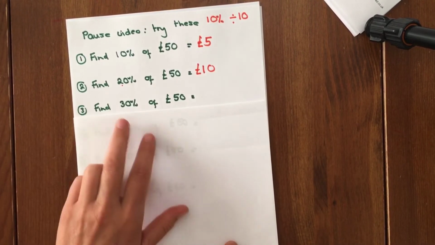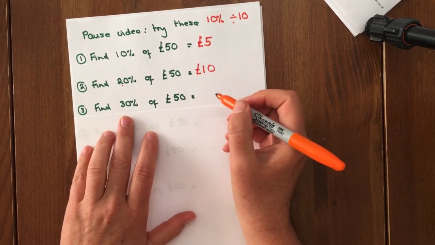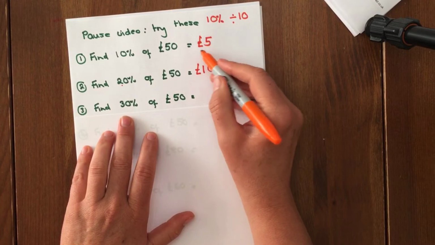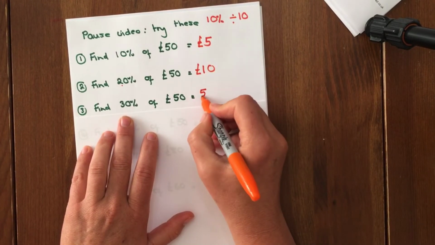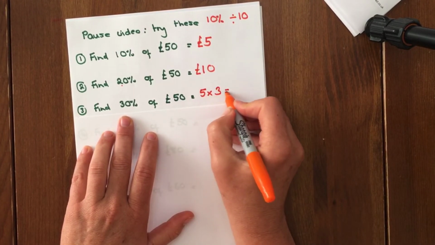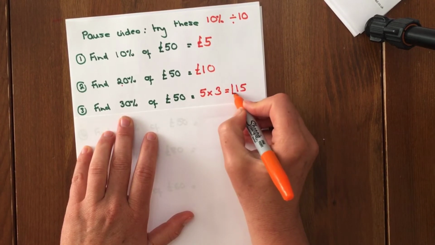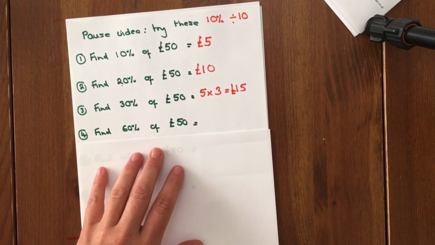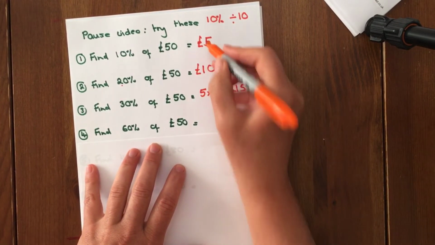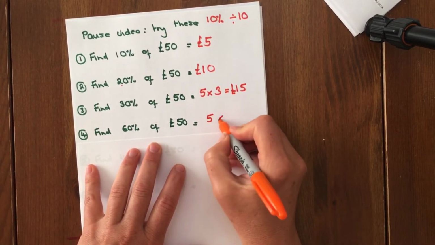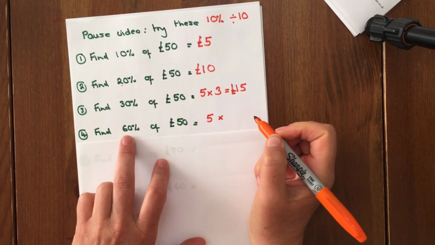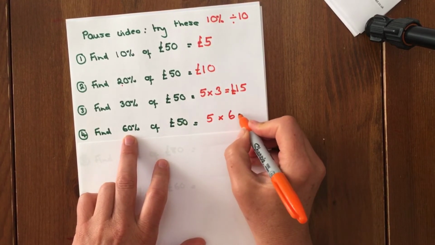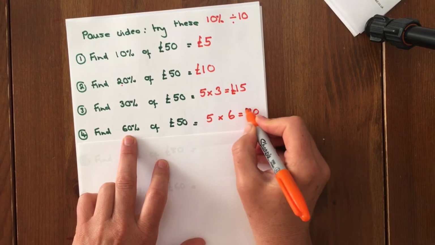Right, to find 30% of 50, well, I want 10% 3 times. So I get £15. Okay, to get 60% of 50, well, I've got 10% is 5, and I want 60%, so I want 6 lots of 5, which is 30.